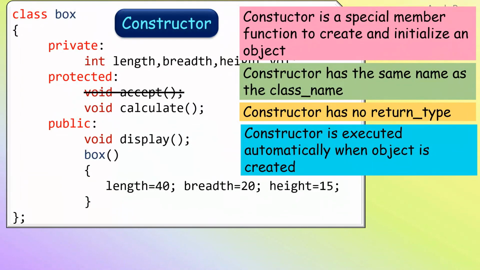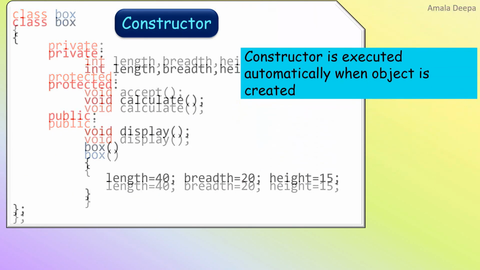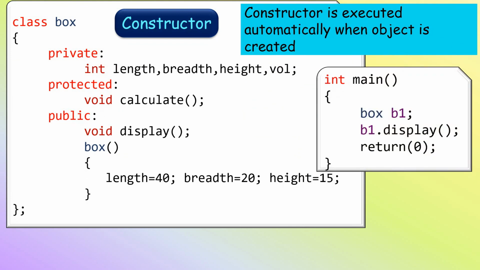A constructor is executed automatically when object is created. I am creating an object of this class box in the main function, box B1. That is, at the moment the object B1 is created, the constructor gets executed automatically.